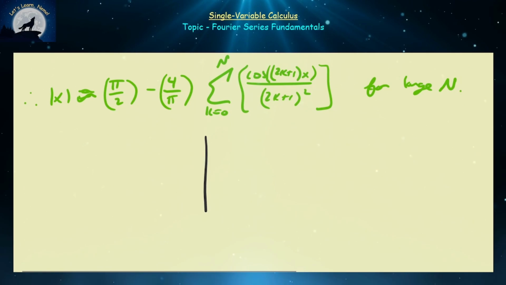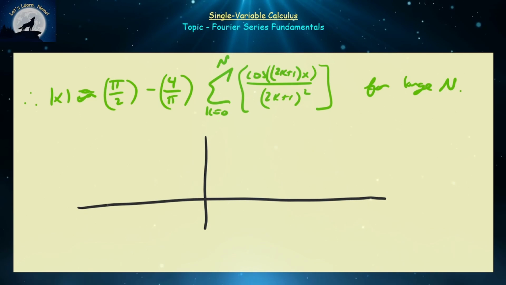So what you're actually going to have for your final result is the following. As n goes to infinity, you're going to get the absolute value curve, and that's going to range from minus pi to pi.